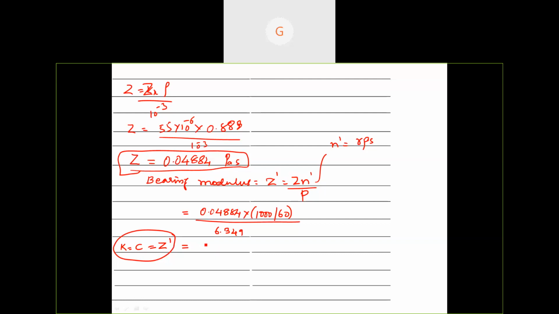I think you'll get a more precise value, 0.1282. 0.128. Okay, right.